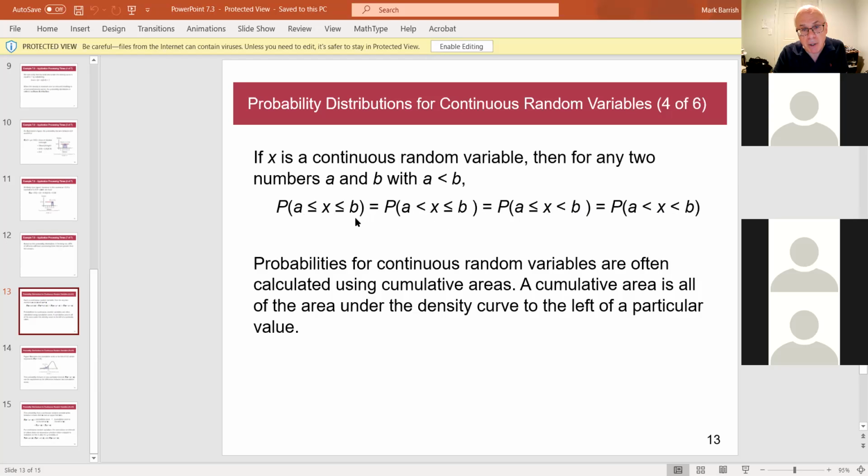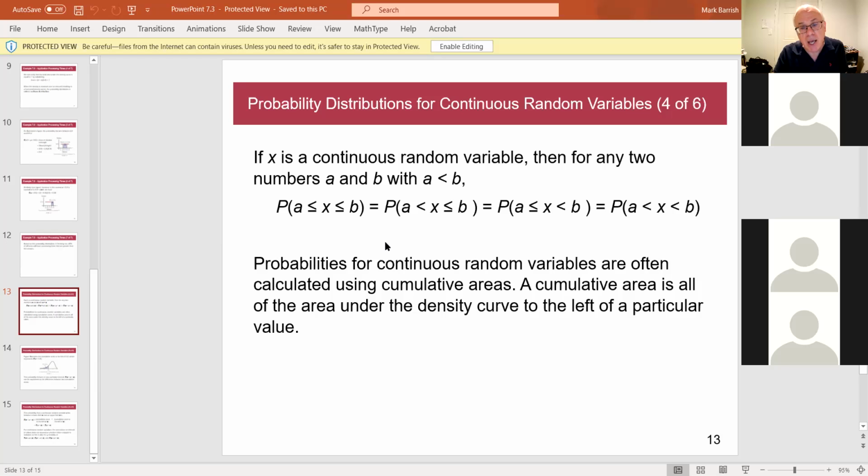So it doesn't matter whether you use the equal signs or not, because these 4 probabilities all mean the same.